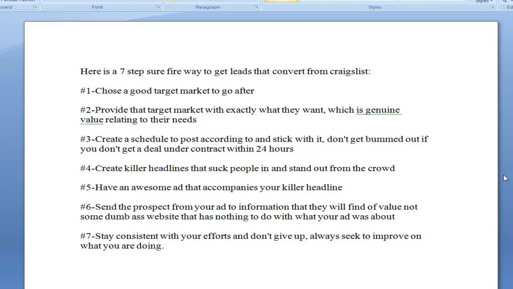In addition to breaking these 7 steps down, I'm also going to break down one strategy that you can basically swipe from me and go out and use in your own business, okay? I'm going to give it to you straightforward, no sugarcoating, no holding back, and hope you guys enjoy it. So let's go ahead and get into the 7 steps before we talk about the strategy.